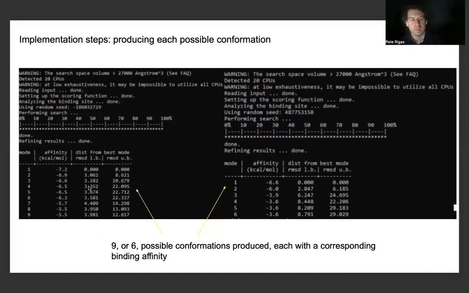And one can see that the binding affinities in the command line of the Linux environment are ordered, as you can see, from minus 6.6 to minus 3.6, so from least to greatest, as well as even here, a binding affinity range of minus 7.2 to minus 5.5 is listed over 9 possible conformations.